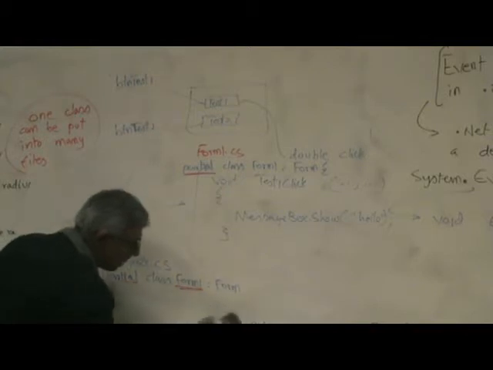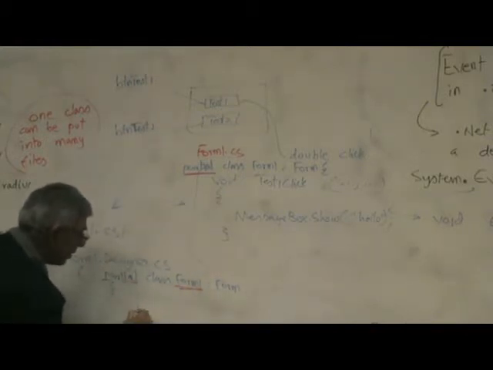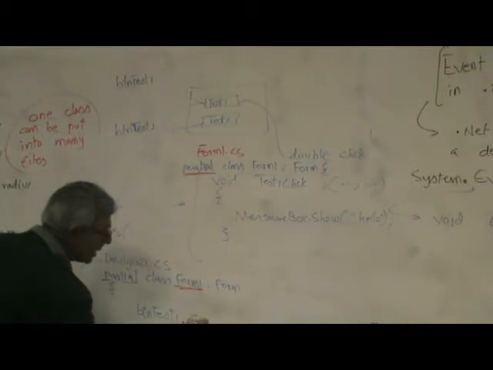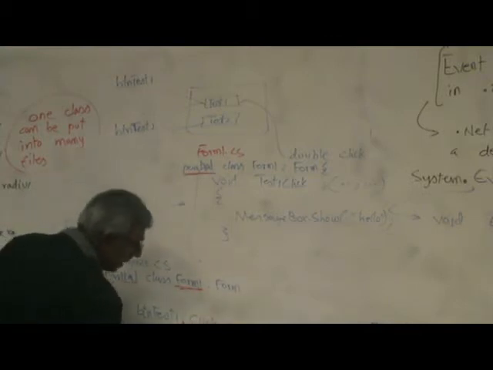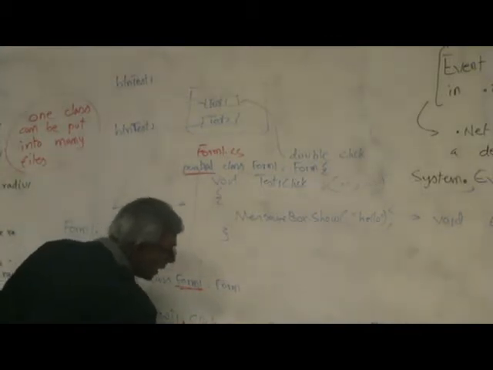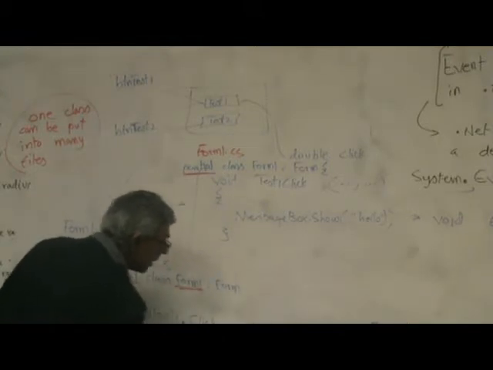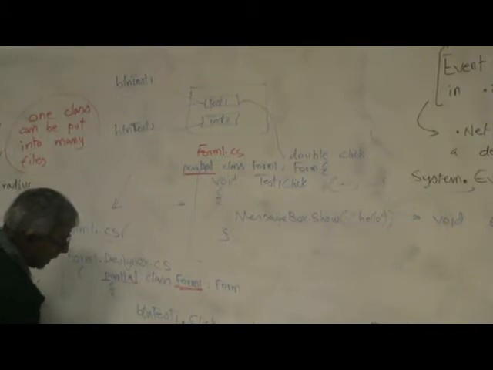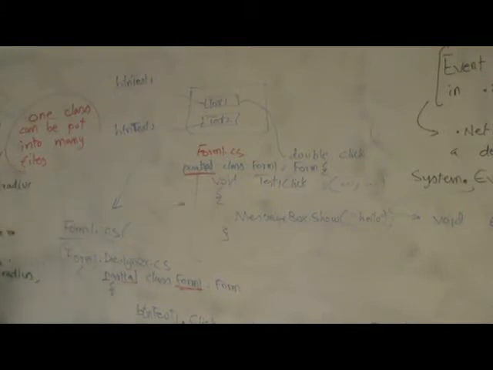Actually, the real code is, because we double clicked on this btn test, right? So btn test 1 already has a delegate click plus equal to. So this click already is a property of type delegate of the system.event handler delegate.